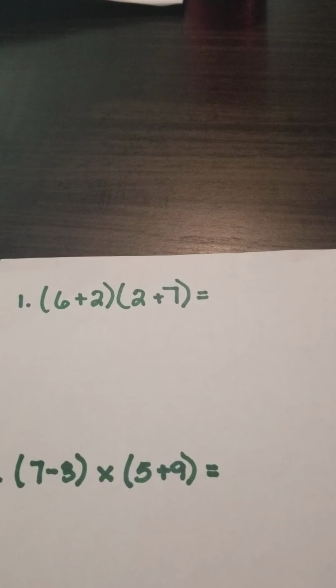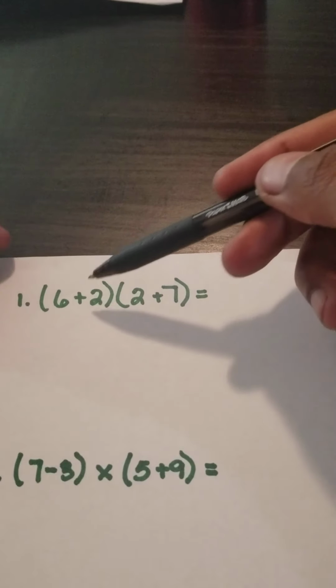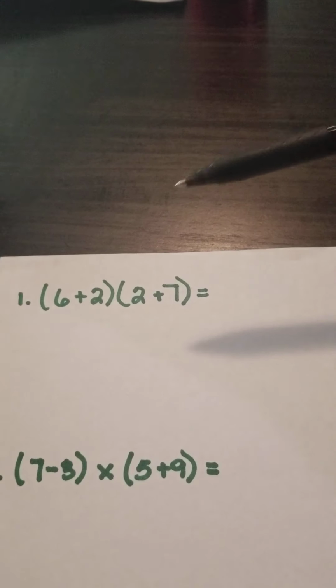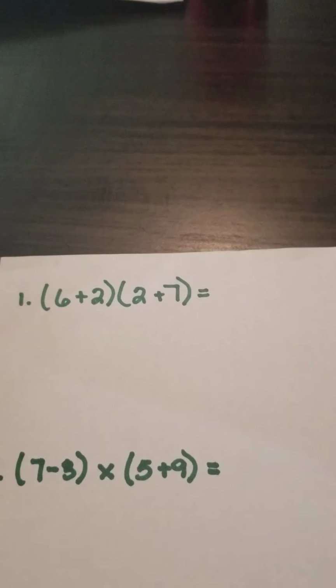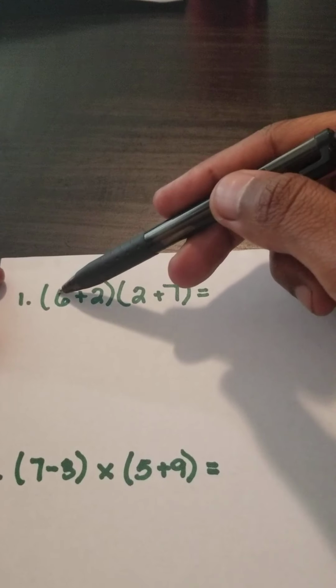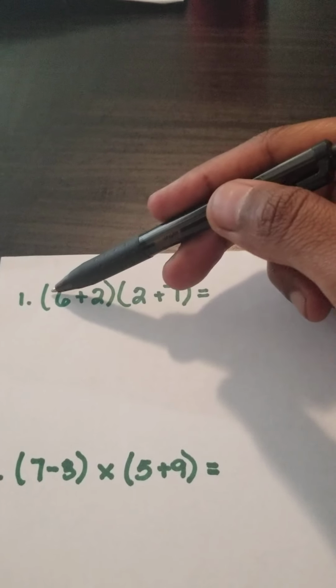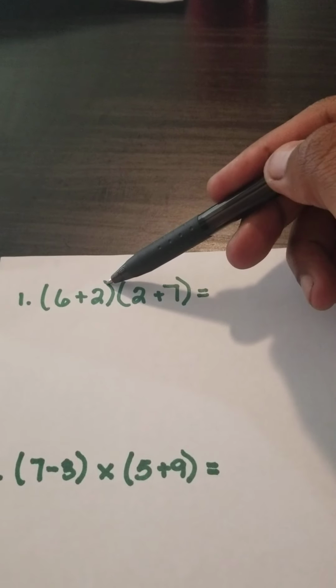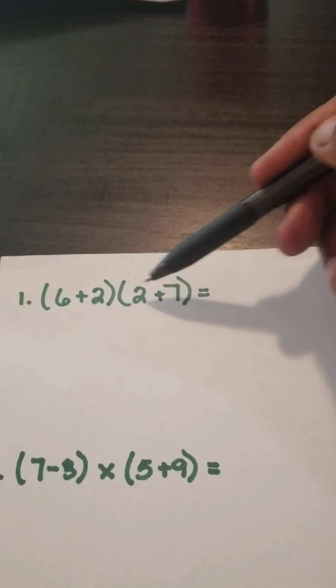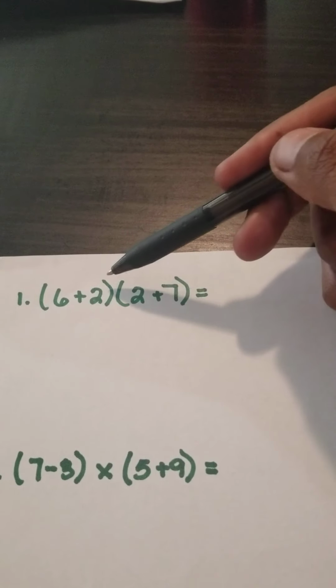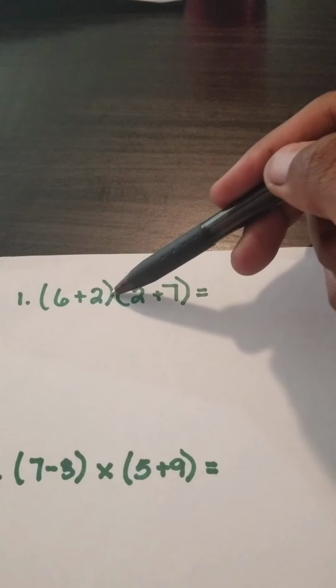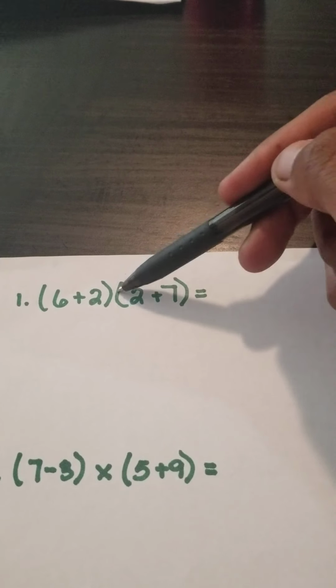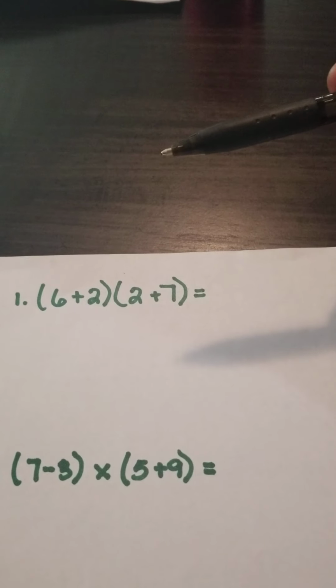So to start, I like to do each individual one, and you know me, I like to write things out. We have 6 plus 2 in parentheses multiplied by 2 plus 7 in parentheses. Now remember, when there are two parentheses right next to each other, it's the same way as when we had a number and a variable.